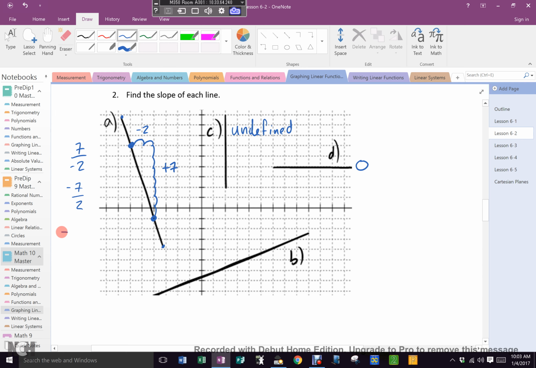Yes. Can I write it as negative 7 over 2? Can I write it as negative 3.5? Yes, because all the slopes are always able to be put back to a fraction, which is always rise over run. Everybody good?